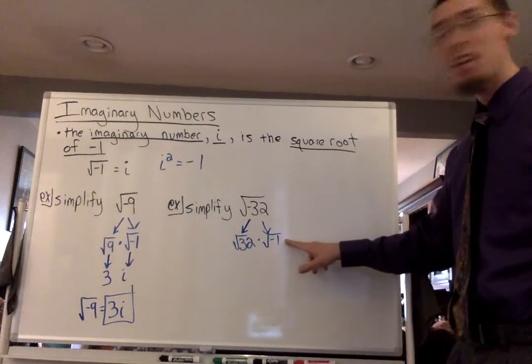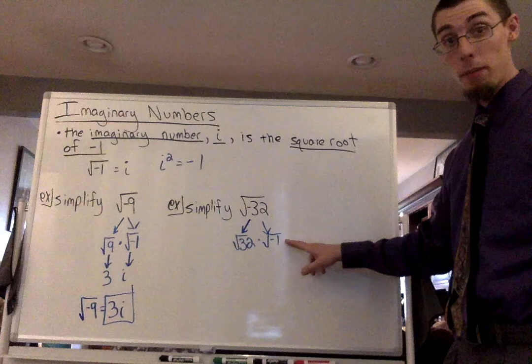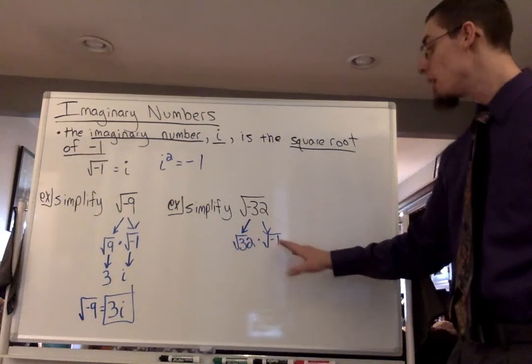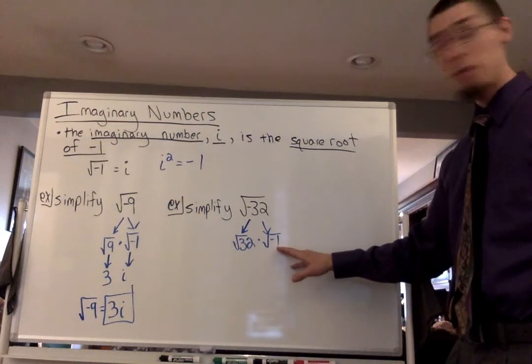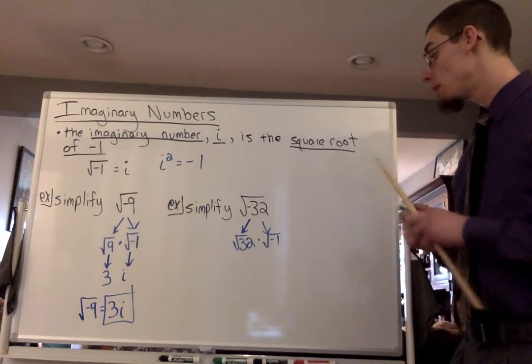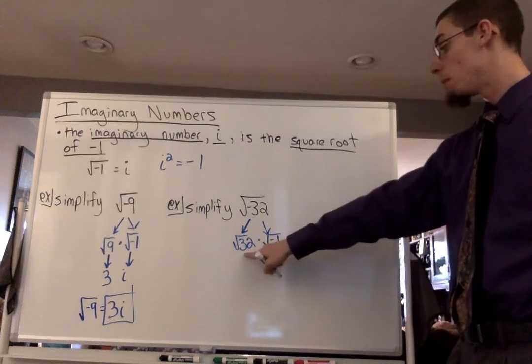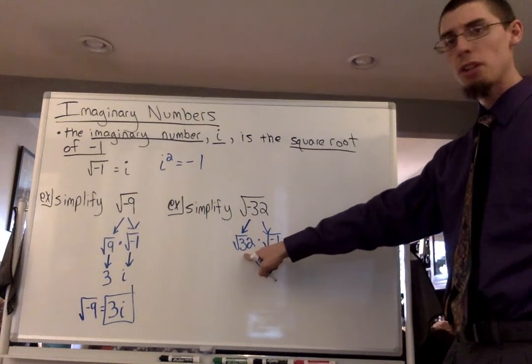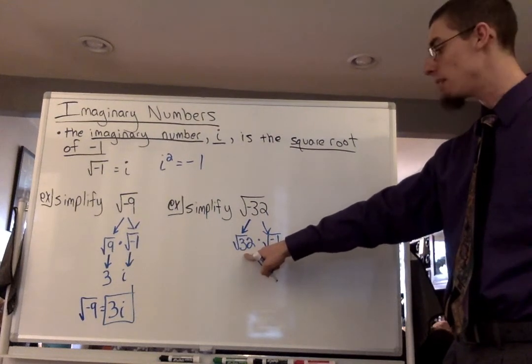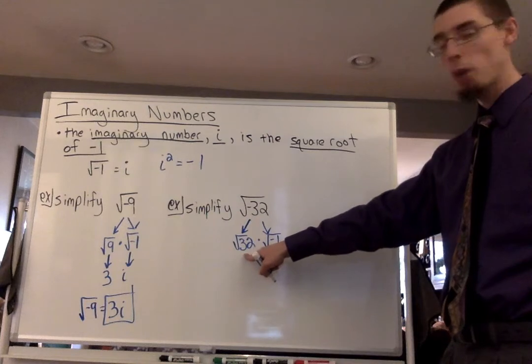I'm just separating the negative. But the square root of 32 is not a perfect square.